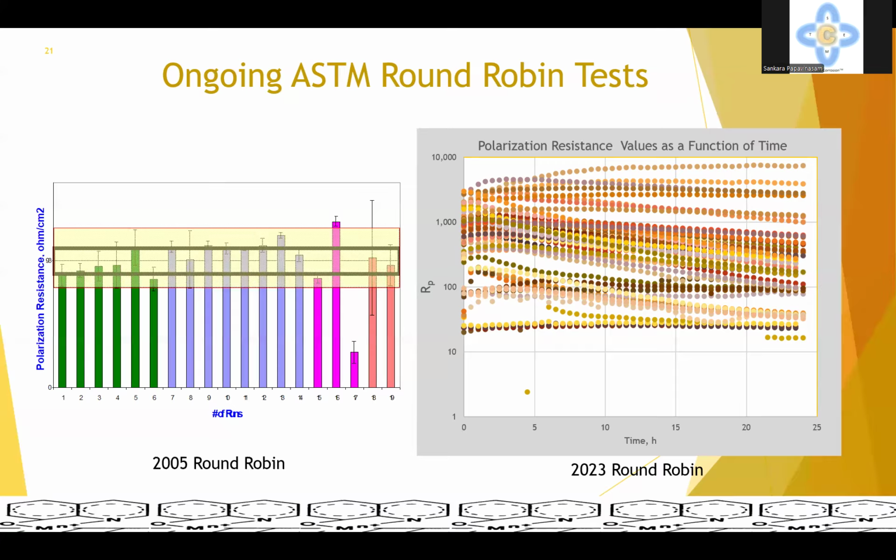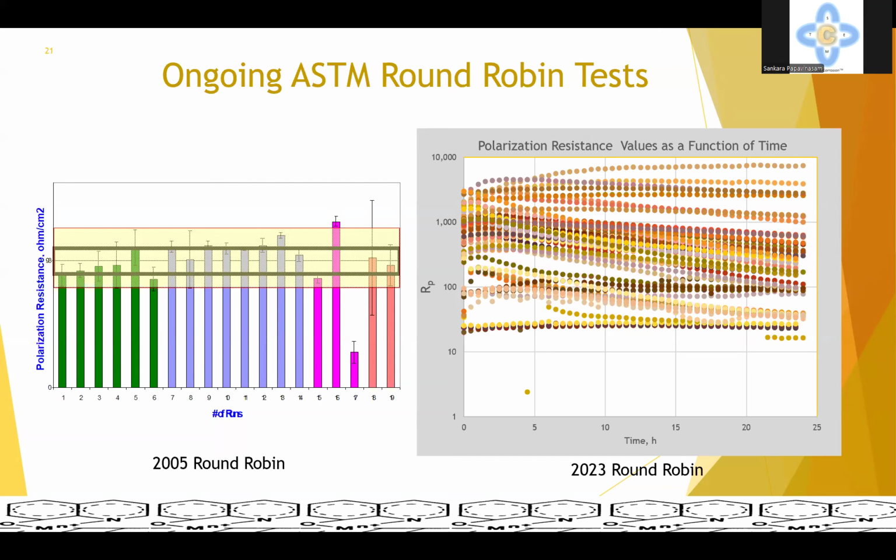Obviously, people are interested in its repeatability and reproducibility. And ASTM, before they started the rotating cage standard test method, coordinated 3 round-robin tests, one on rotating cage, one on rotating cylinder electrode, one on jet impingement.